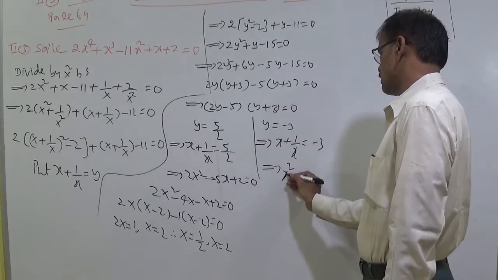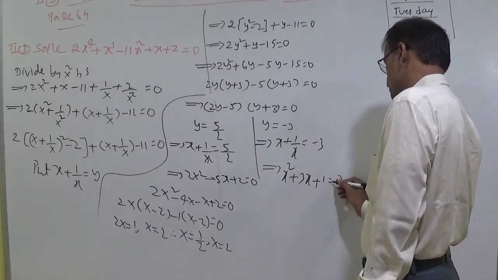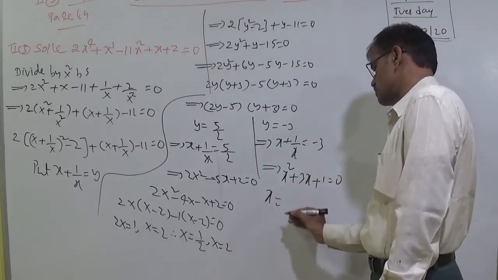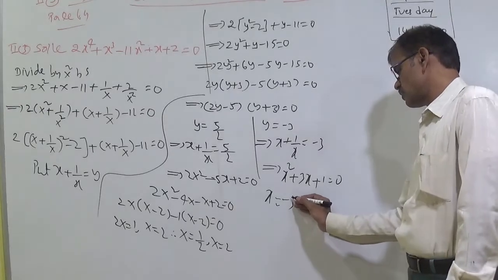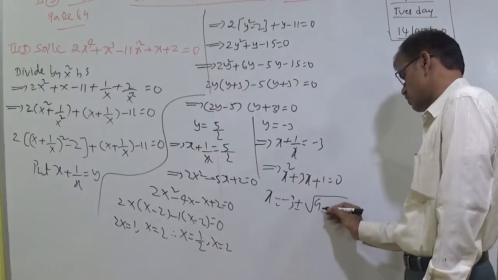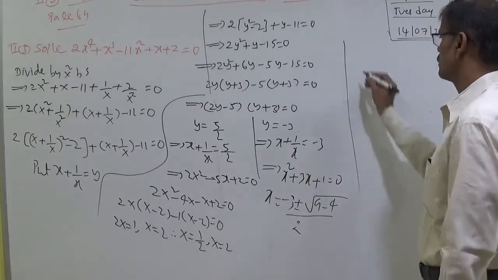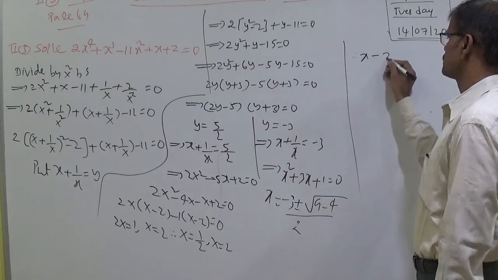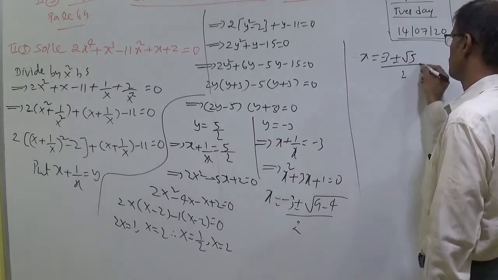Then we can write x square plus 3x plus 1 equal to 0. Because there is no splitting of the middle term, there is no factor for this. We can write according to the formula, minus b plus or minus root b square minus 4ac by 2a. Therefore x is equal to minus 3 plus or minus root 5 by 2.